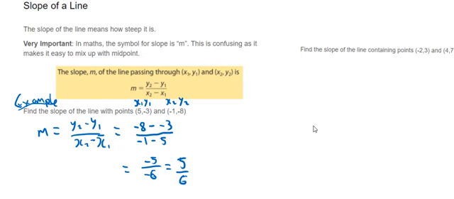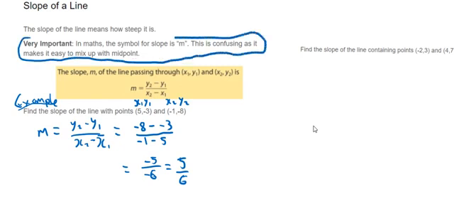One thing I didn't mention at the start, very important, is that in maths the symbol for slope is m, which is actually confusing. I see loads of students all the time mixing up midpoint with slope. m is actually the symbol for slope, which is very confusing.